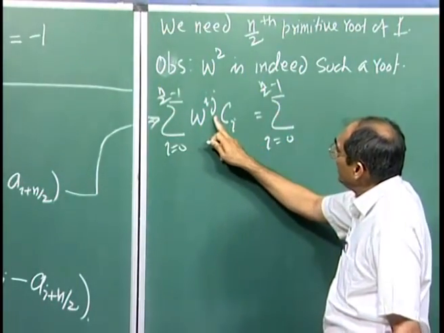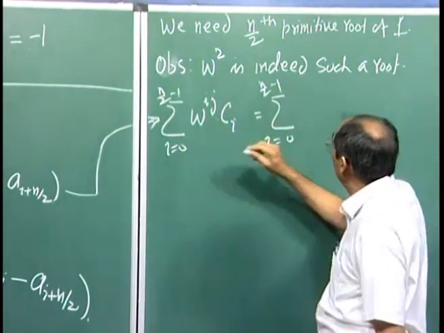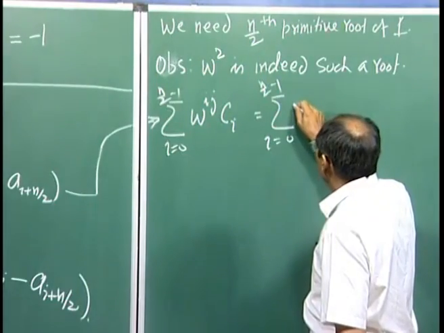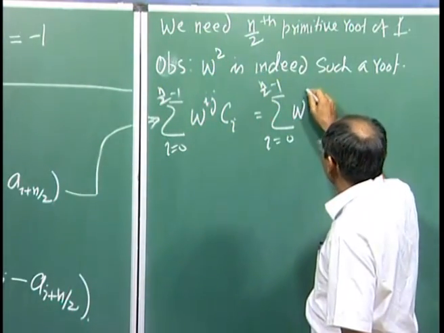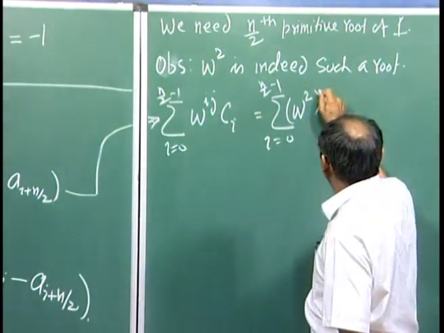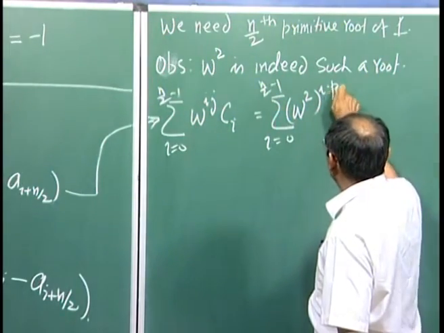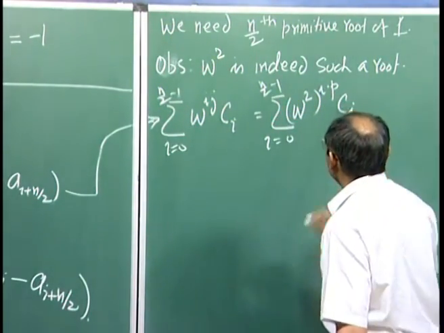Replace j by 2p, you are going to get w square power i times p, ci.